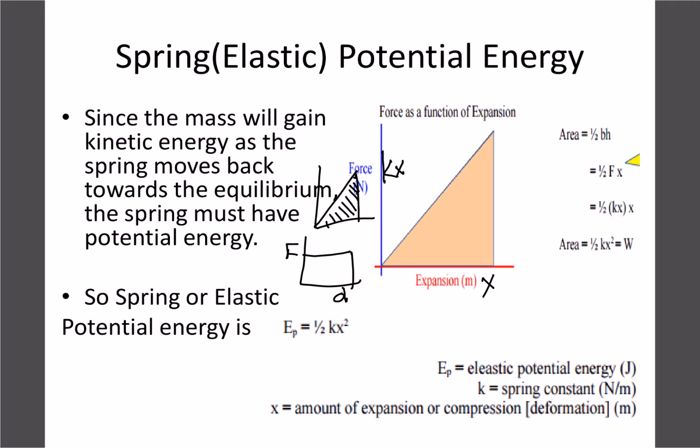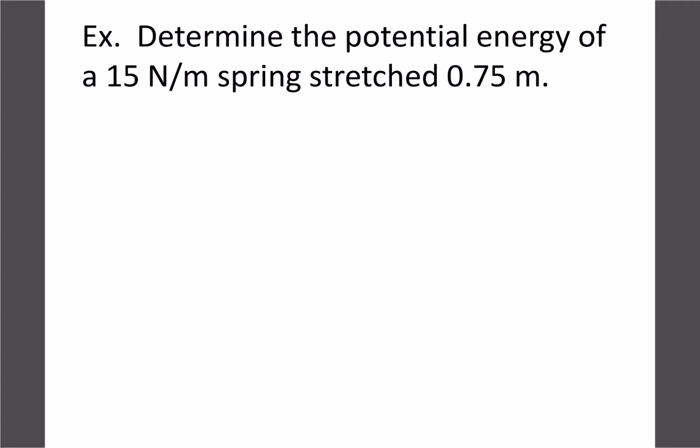Our area would be base times height, so we'd have kx times x divided by 2, and we can rearrange and simplify that to be 1/2 kx squared. So our potential energy for a spring looks a lot like 1/2 mv squared, but it's not kinetic, it's potential: 1/2 kx squared. The k and the x still mean the exact same thing.